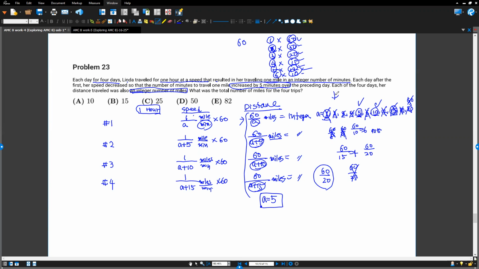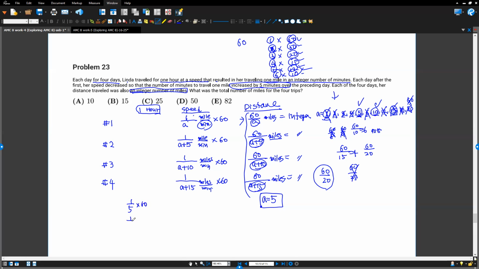So what is the total number of miles or trips? From here, 5. The first one, A is 5: 1 over 5 times 60.